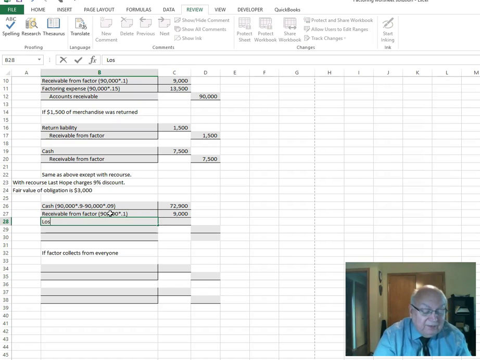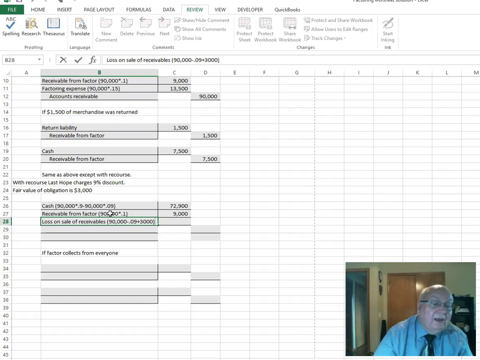Okay. Then this time we have a loss from factor. Well, loss, it's loss on sale of receivables. Okay, so that will be the 90,000 times 0.09 plus the $3,000 that we have as the value.